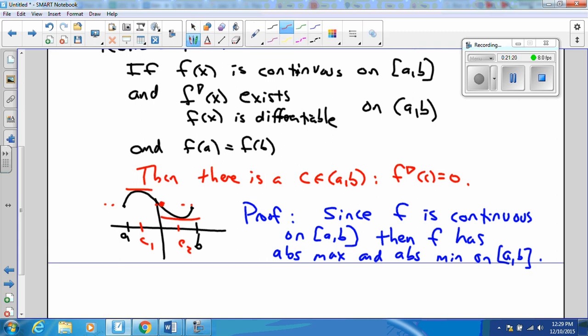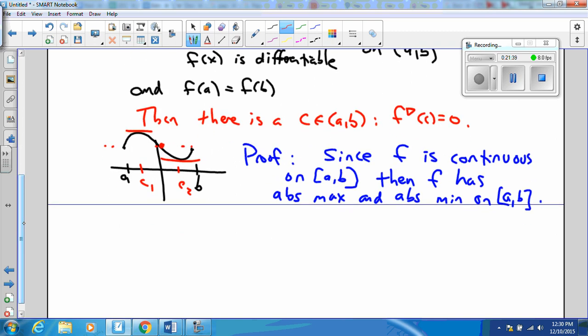We know that if f of c is an absolute max or an absolute min, then it can only occur at some specific points. Where do absolute maxes and mins occur? Critical points or endpoints. Exactly. Let's call the absolute max f of c, and let's call the absolute min f of d.